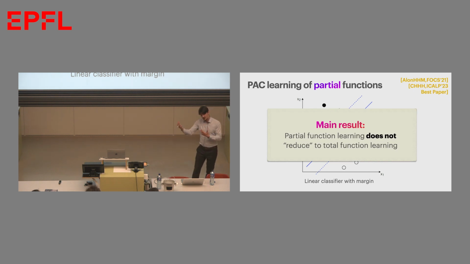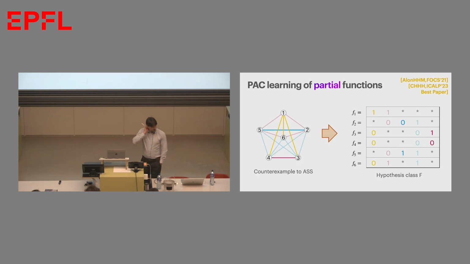It's an interesting new setting that does not reduce to the classical total function learning theory. To prove this main result, they used our weird graphs to prove this separation. In fact, the proof is very simple. I can sketch a little bit what they do. They take one of our weird graphs, and they construct a function family out of them, the hypothesis class of functions you're supposed to learn.